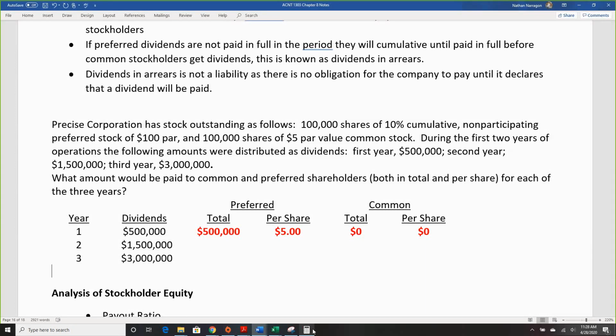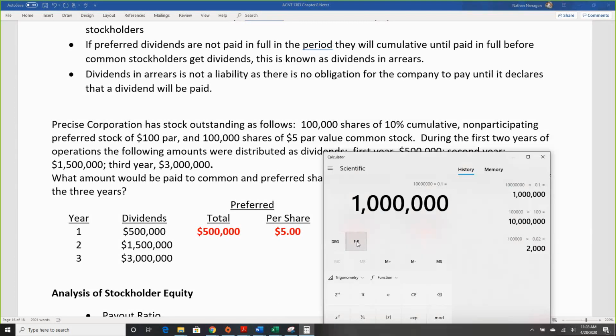Now, this is what's really happening in year one. You're supposed to receive $1 million. They only received 500K, meaning that we still have 500,000 to basically give in dividends to preferred. But year two hits. Well, year two states that they get another $1 million in dividends.